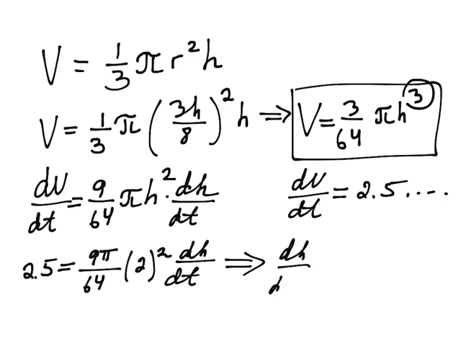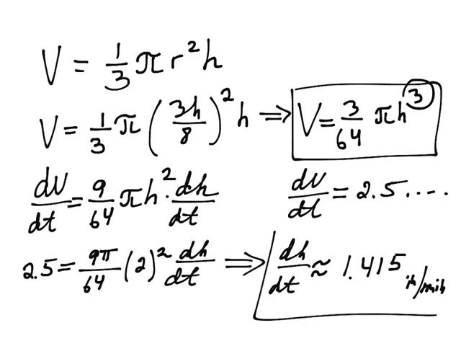So I believe you get, I'm going to use the calculator, 4.15 inches per minute. Oh, so important. Units are so important. And that's it.